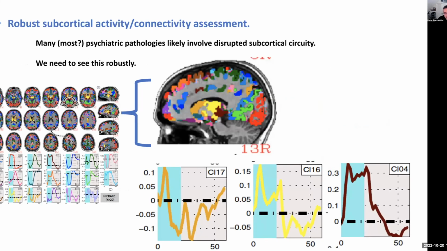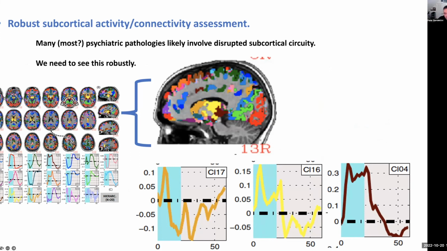Okay, subcortical connectivity. As I mentioned, I think that the next frontier in neuroimaging in terms of understanding psychiatric disorders is really understanding not only with diffusion imaging, which does it spectacularly well, but with functional MRI, this subcortical activity. And these are the results that I showed you from Javier's 100-run averaging.